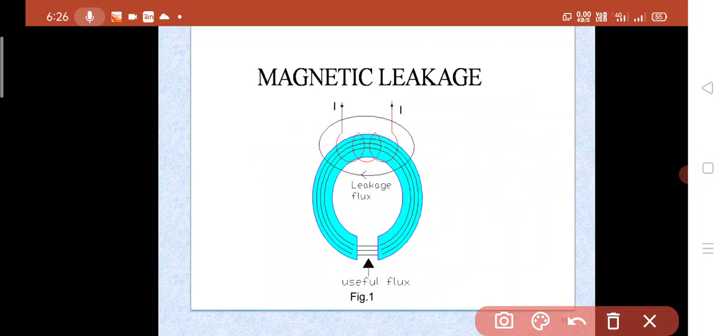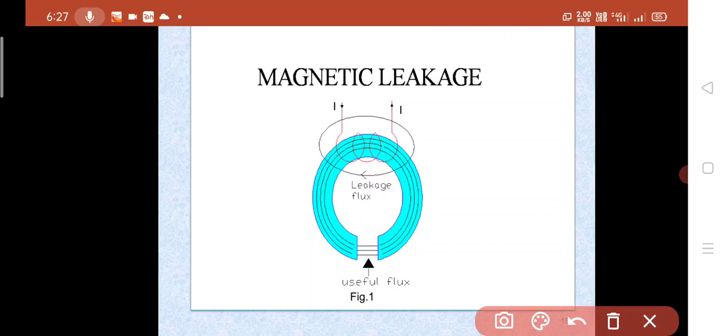Most of the applications such as generators, motors, measuring instruments, etc., which are using the magnetic effect of electric current, are using flux in the air gap for their operation.